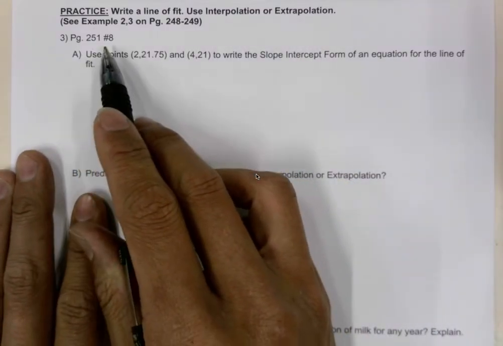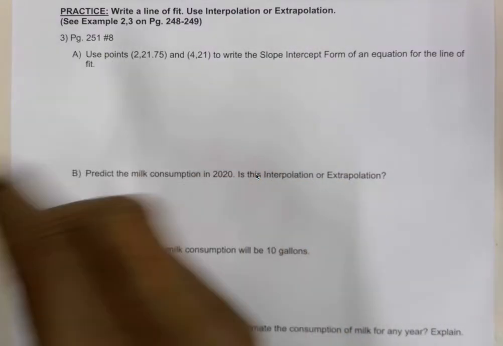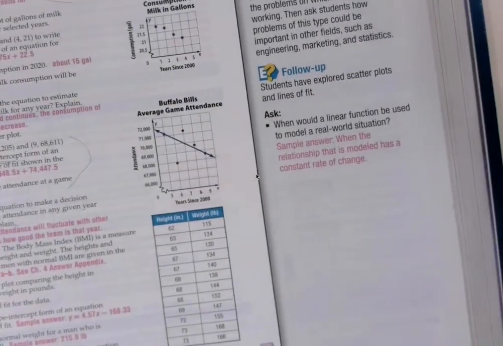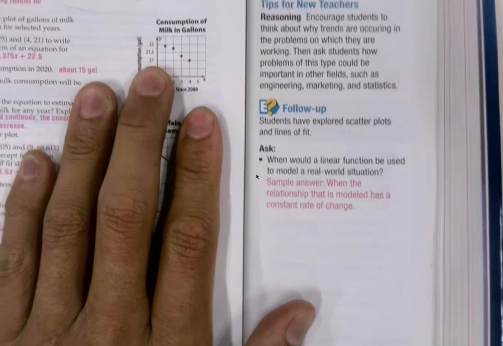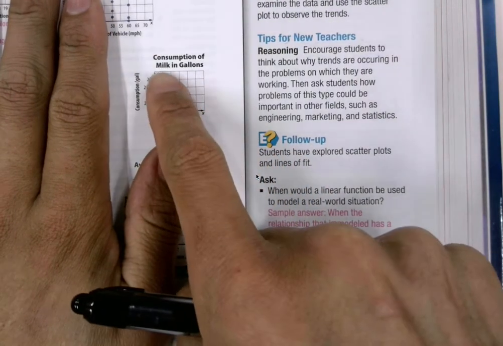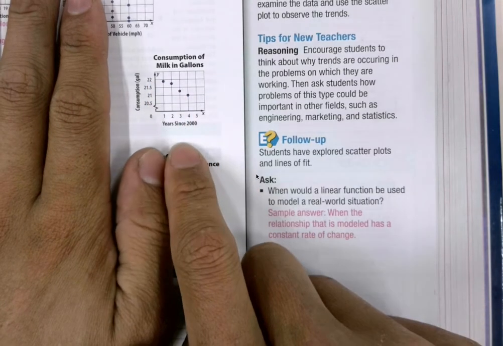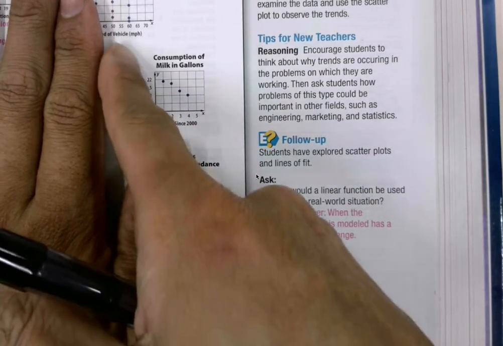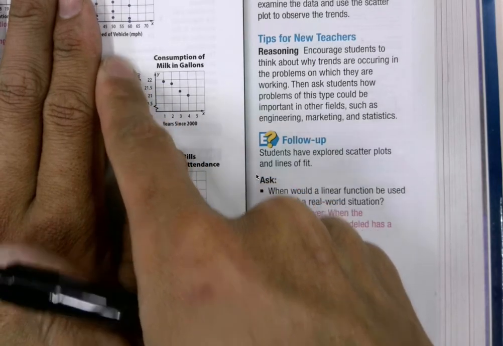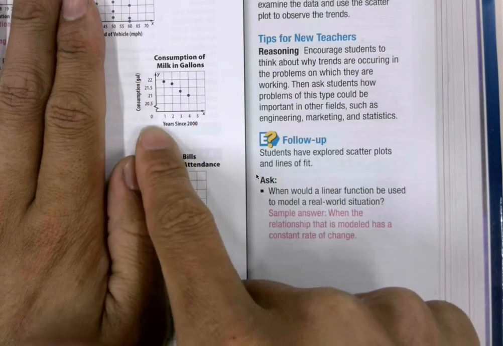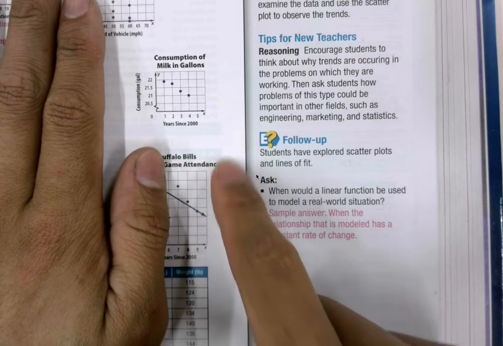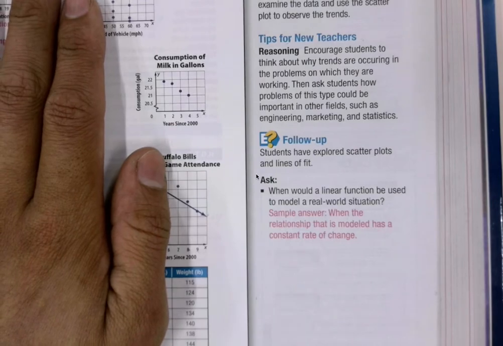And in this example, number 251, if we take a look at it here, this is the graph that we have. It's the consumption of milk in gallons. We have consumption in gallons as our y-axis, our dependent variable, and the years since 2000 on the x-axis are our independent variable.